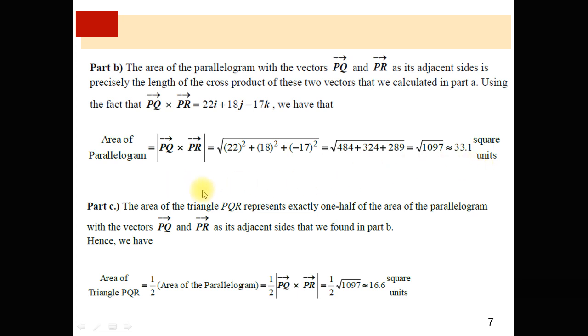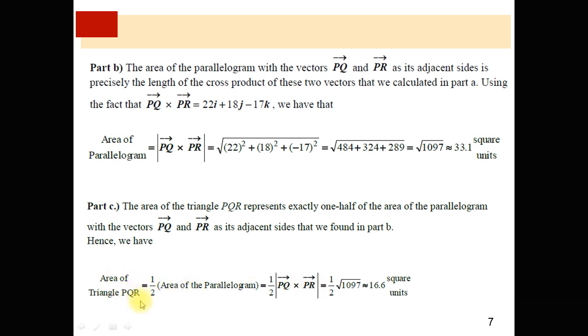Now part C, to find the area of the triangle determined by the points PQR. PQR represents exactly 1/2 of the area of the parallelogram. Actually, a triangle is half a parallelogram. So if we divide the area of the parallelogram by 2, we will obtain the area of the triangle.